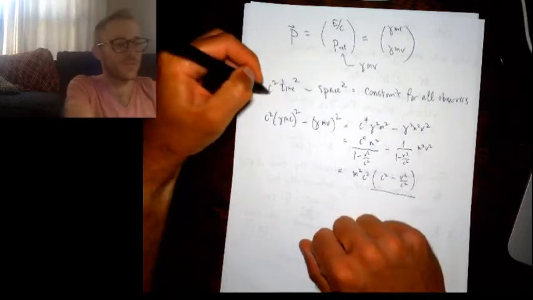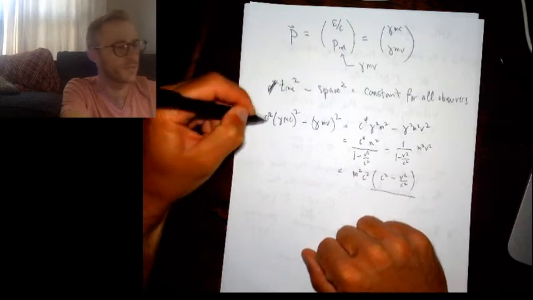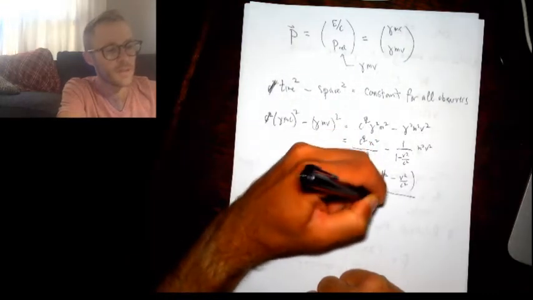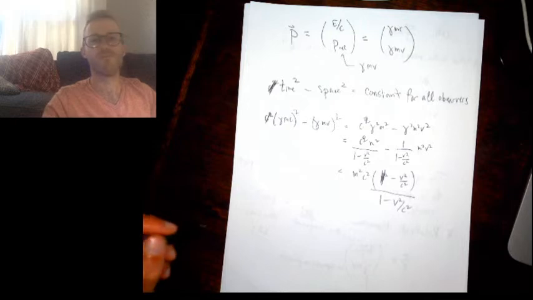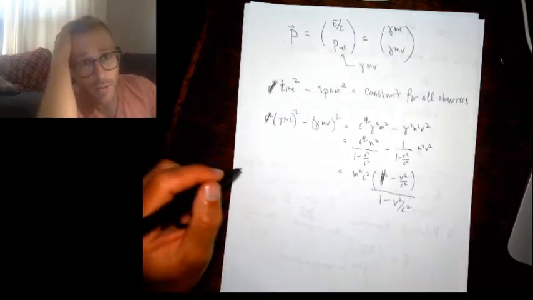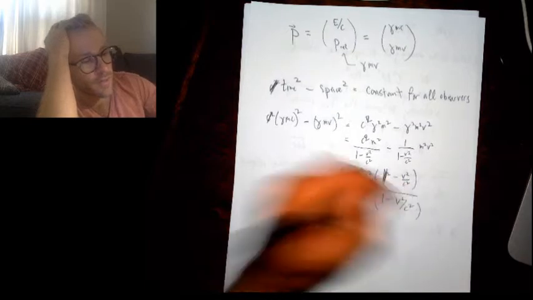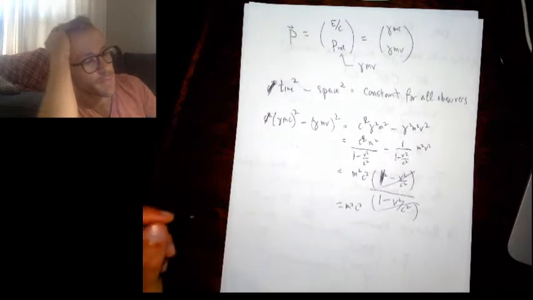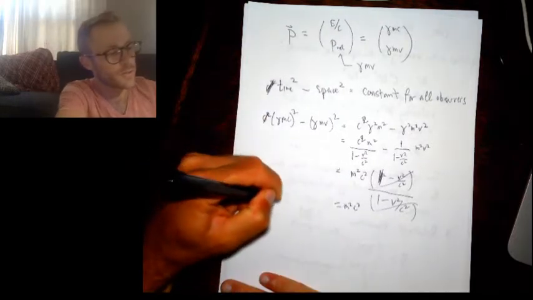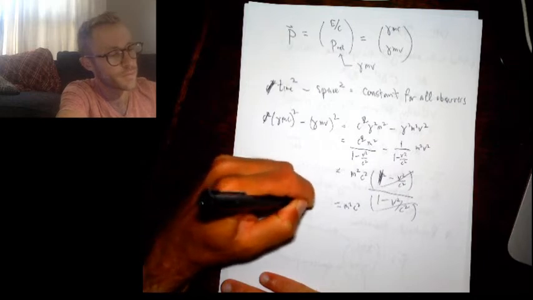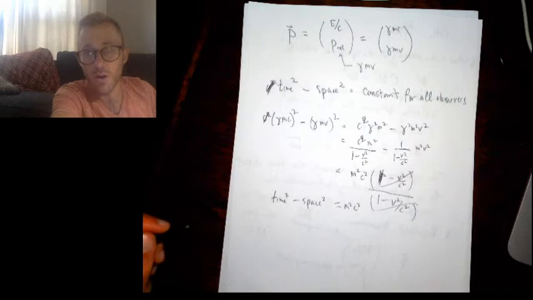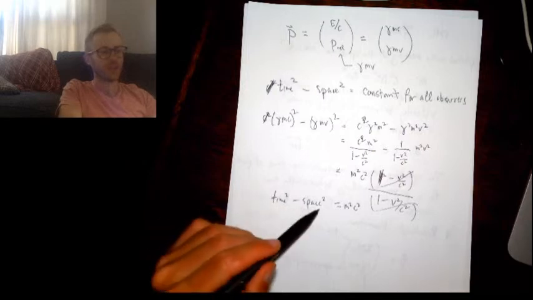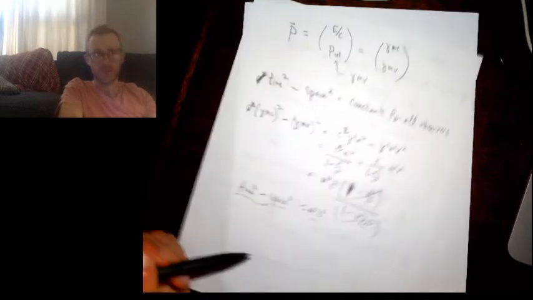Oh, you know what? This c squared isn't going to be there. So this should be c squared, that should be c squared, and this would be 1. So you can see that these two factors cancel out, and I get m squared c squared. So that is time component squared minus space component squared, and that's going to be the same for all observers. Basically, when you calculate this for the momentum, it tells you the mass of the particle.